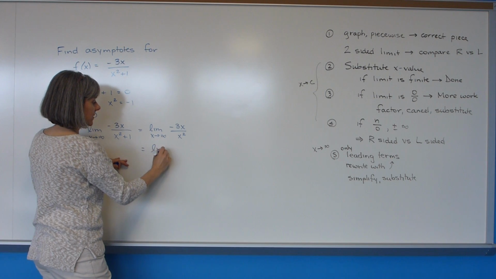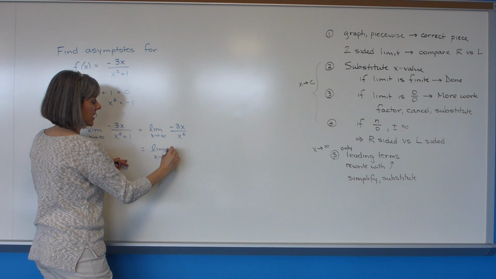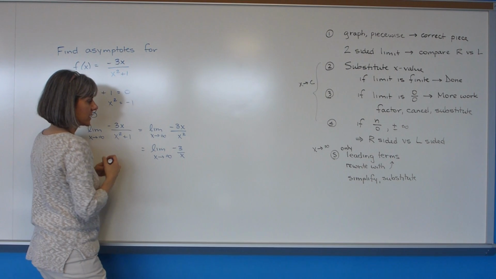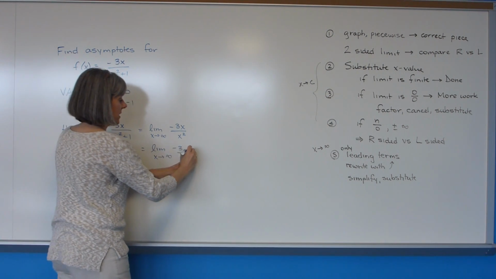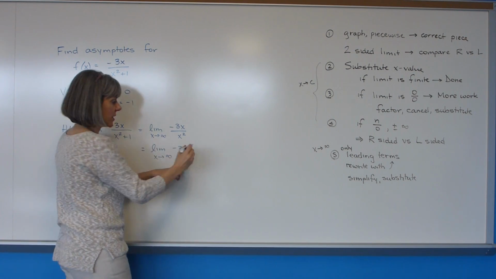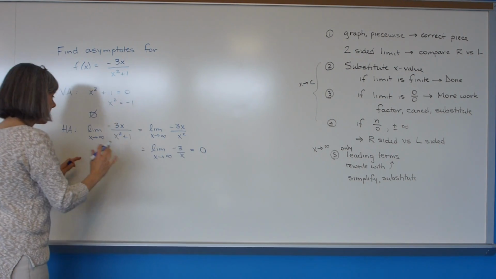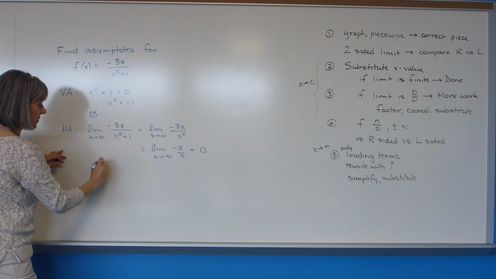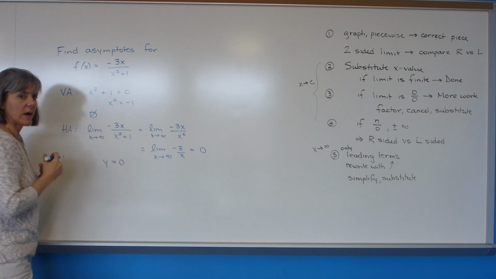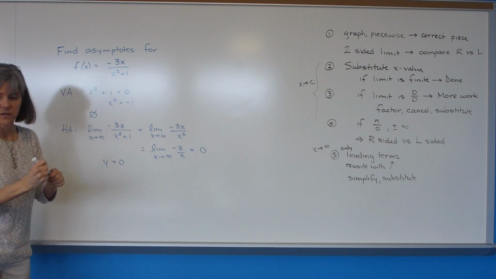So limit as x approaches infinity, negative 3 over x. Go ahead and substitute in again. If I put a very large number here, negative 3 over a huge number is 0. So that means that my horizontal asymptote, I should always write a line. Remember, these are y values, so the horizontal asymptote is at y equals 0. Okay, so that's that one.